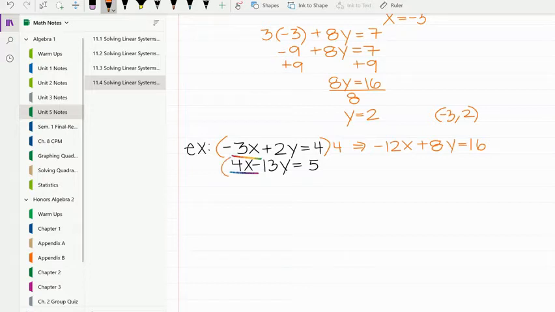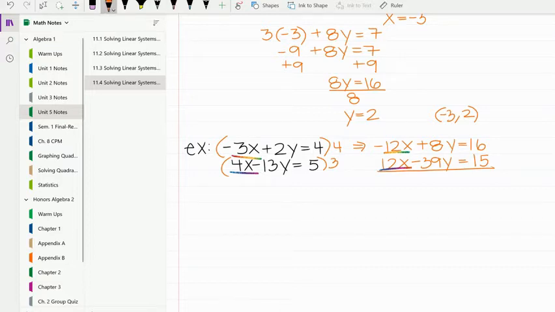Now this one, I'm going to multiply by 3. So this would be 12x, and then negative 13y times 3 would be negative 39y, and 5 times 3 is 15. So it's very obvious now that we want to eliminate our 12s because they are exactly the same.